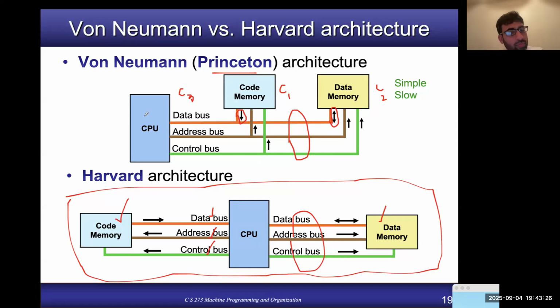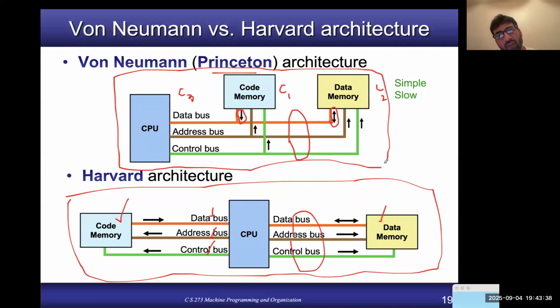However, the Princeton approach is used mainly in your processors and designs for laptops or desktops or other server grade computers. Why do you do that? Because you cannot put, for example, 16 gigabytes of memory on the same chip with the CPU.